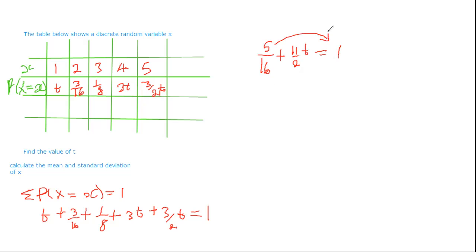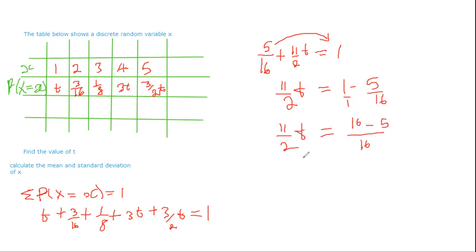Then later we are going to transfer the 5 over 16 to the right hand side. So we shall have 11 over 2 t equal to 1 minus 5 over 16. We put this over 1, so we shall have LCM of 16. So 16 divided by 1 is 16 times 1, so we shall have 16 minus 5.